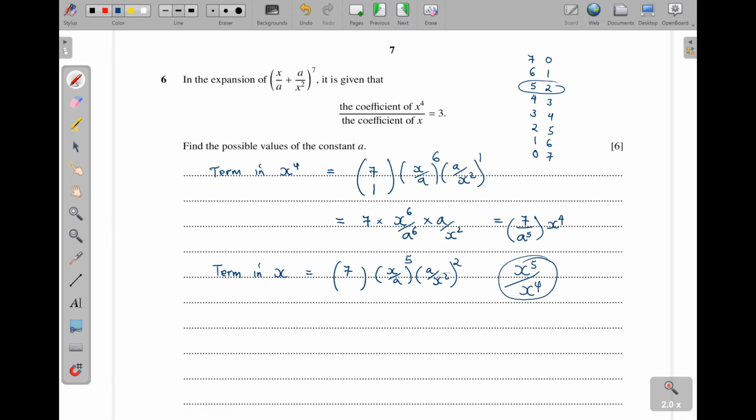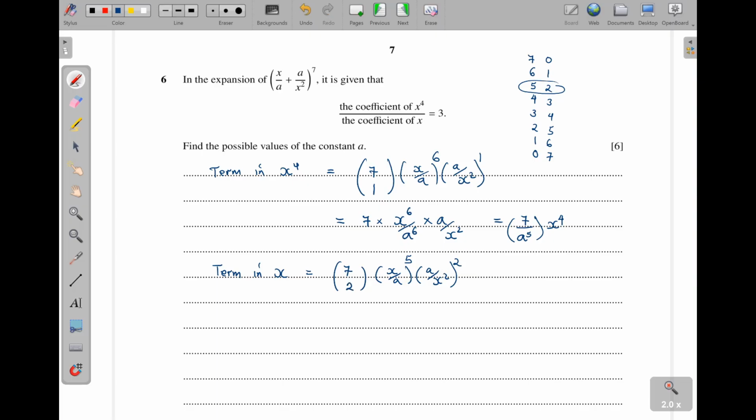When these reduce using the rules of indices, you will get x as the one that remains. So we shall have x^5 for the first one, and the 2 here. Now the power here is the one that comes here, so we shall have a 2 here.